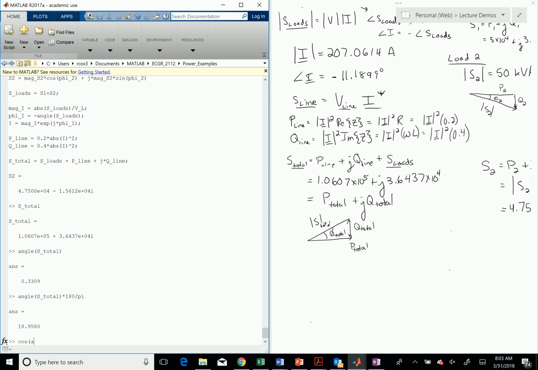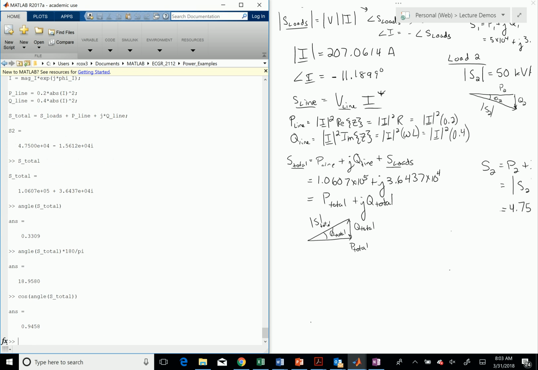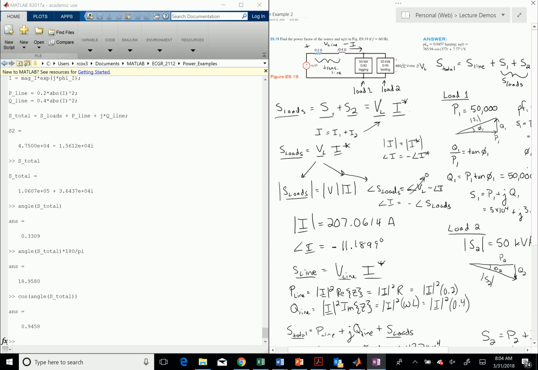If I take the cosine of that to get the power factor, 0.9458. Okay, so our power factor ends up being 0.9458. All right, now we compare that with what the book had predicted, 0.9457.